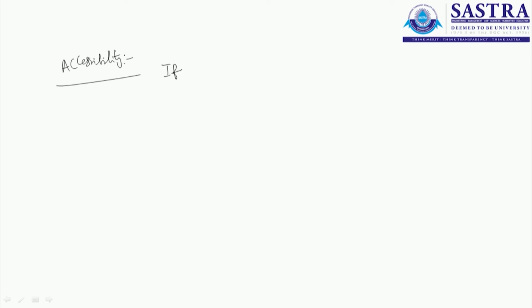If U and V have a directed path, then V is accessible from U. U is accessible from U.